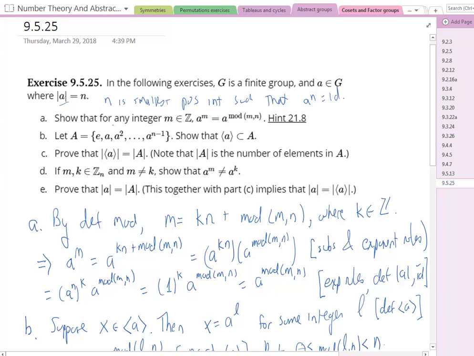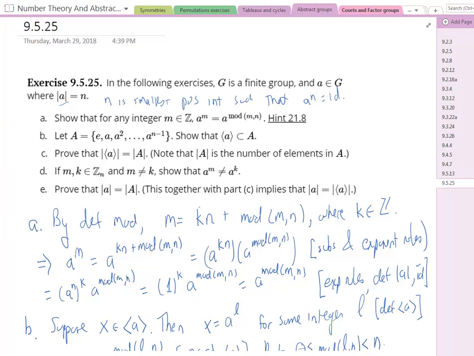Part A says, show that for any integer m, positive or negative, a to the m equals a to the mod of m n. Now, you should recall that mod is defined in terms of remainder. Mod is the remainder when you divide m by n. Mod is what's left over. So what does that mean?